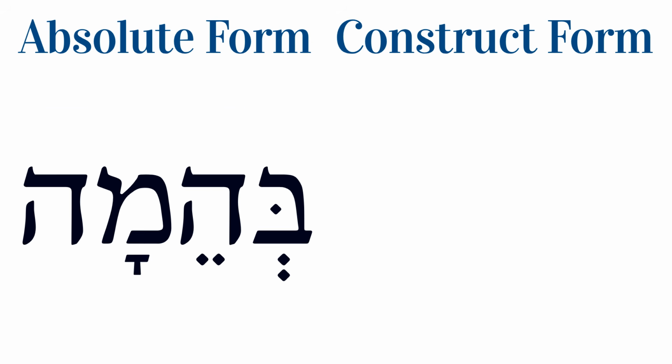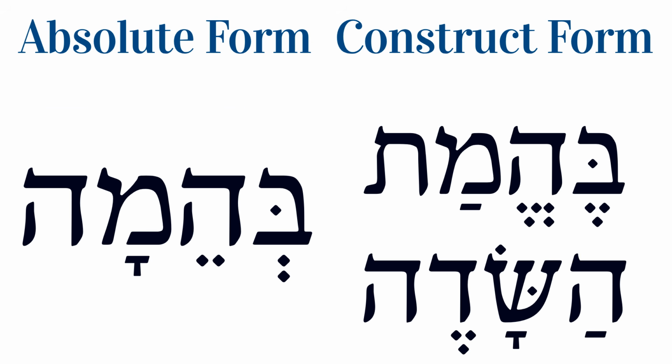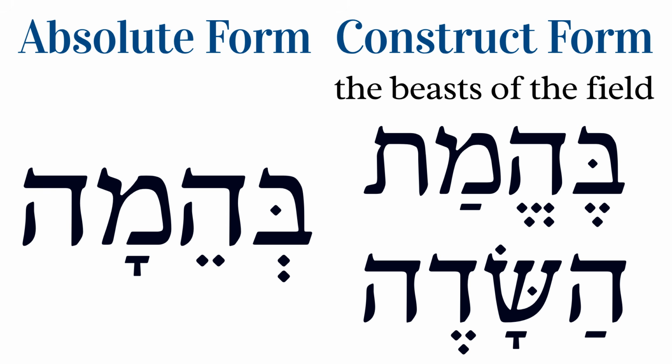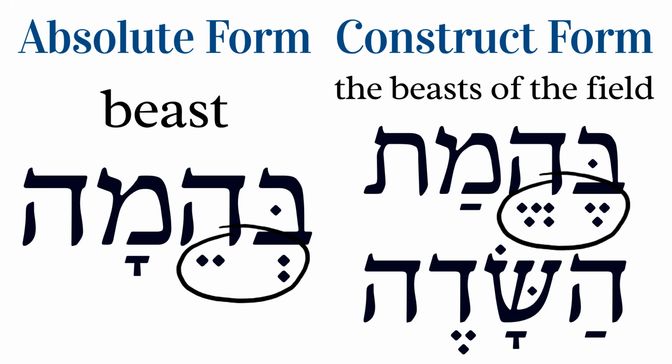We've actually already seen this with behemat hasadeh, the beast of the field. Behemat is the construct form, beast of, of the noun behemah, beast. One change we can see is that the vowels have changed. As I said, that happens all the time with the construct form.